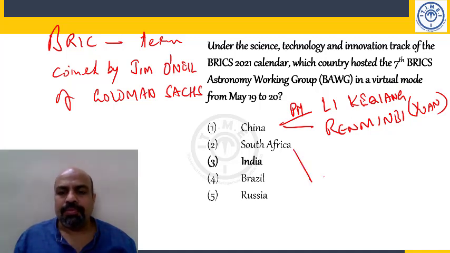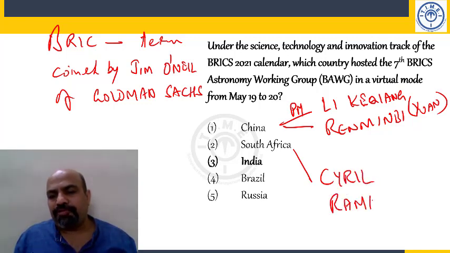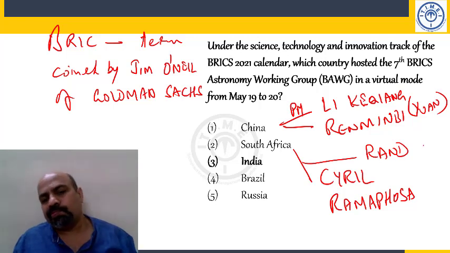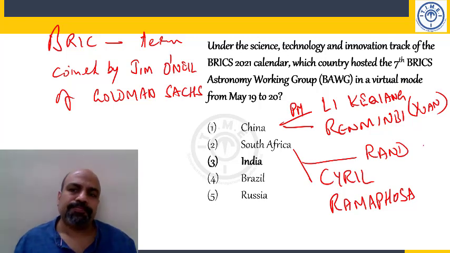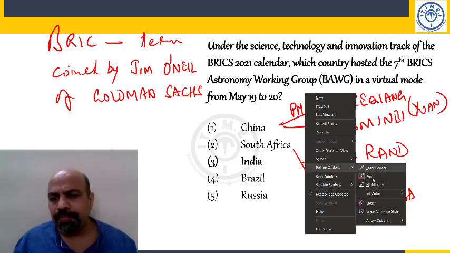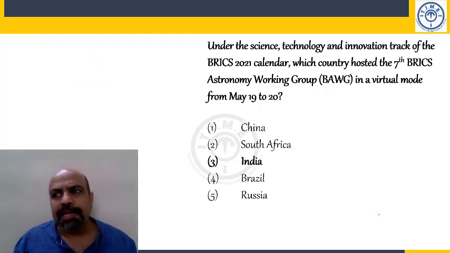South Africa: President is Cyril Ramaphosa. The currency is rand. Today we are not going to discuss capitals. The 3 capitals of South Africa: Pretoria, Bloemfontein, and Cape Town.